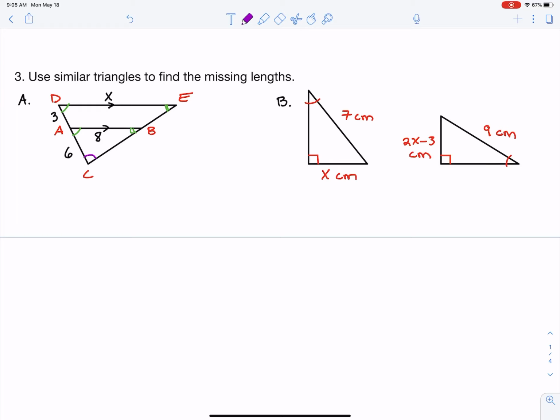So in other words, the length of AC to the length of CD. Make sure we notice, I'm looking at this length is to this entire length, okay?